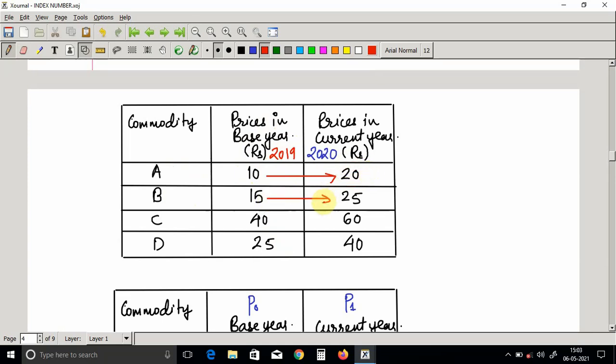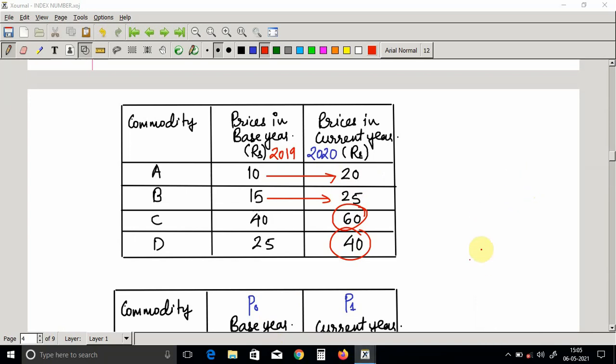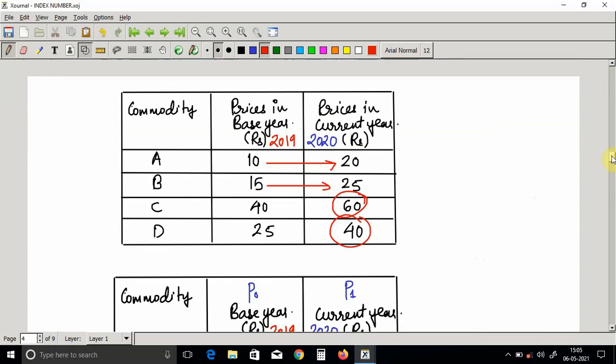For 15 rupees of that B commodity, now I am paying 25 rupees, like this, 60, 40. These are the costs in 2 different years.